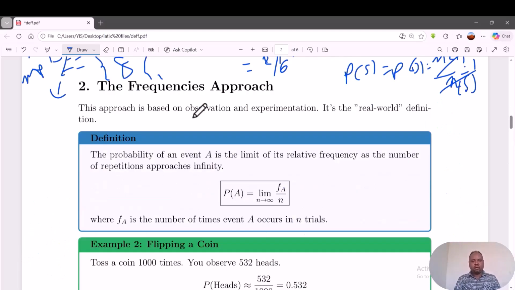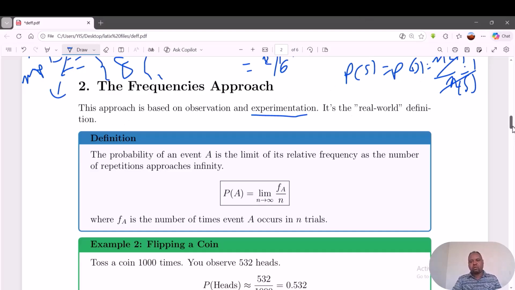When we define probability using the frequency approach, we need to have long-run experimentation, right? This way of defining probability is classified under the real-world definition, because it requires long-run experimentation and observation, right? In the course of all these things, we come to realize what the observed thing is.